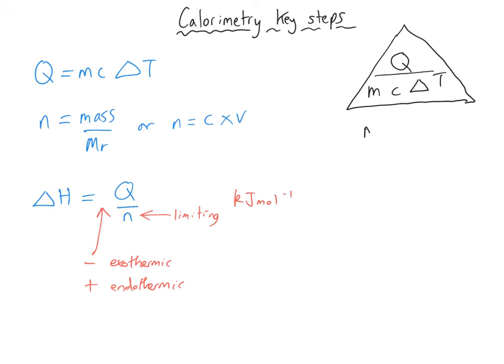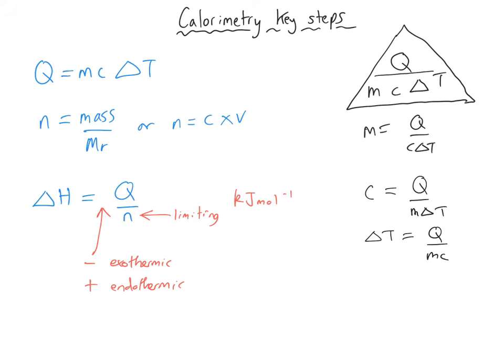And so m equals Q divided by c delta T, just as a for instance, because what you do is you cover up the thing that you're looking for, and we're looking for m, so what we're left with is Q divided by c delta T. Covering up c, c equals Q divided by m delta T. And delta T equals Q over mc.